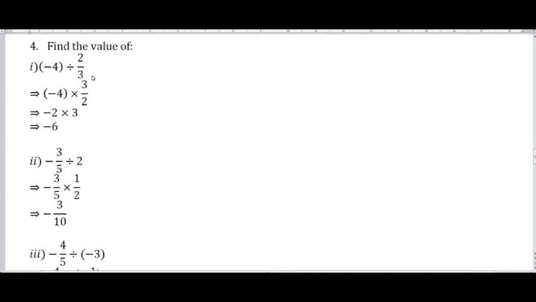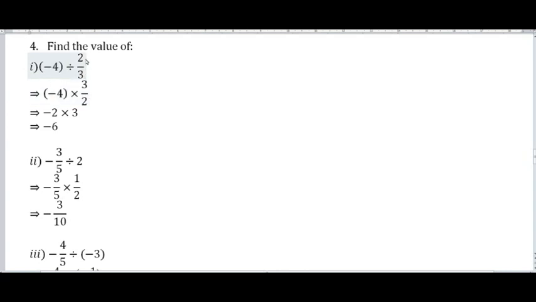Firstly, you have to change this division sign into a multiplication sign. When the division sign is changed into a multiplication sign, for the rational number after which the division sign is there, you have to take the multiplicative inverse of that.